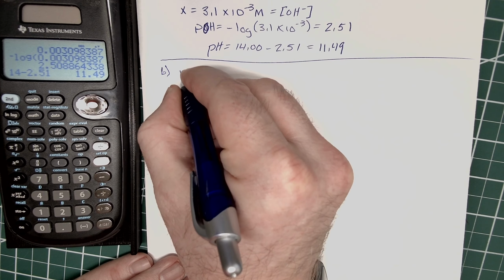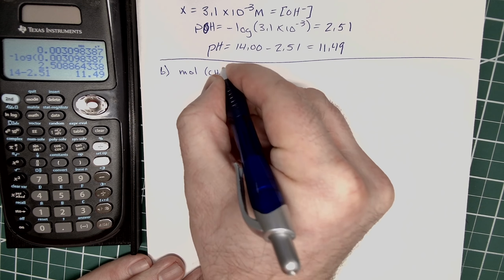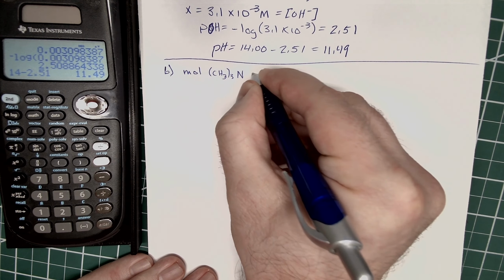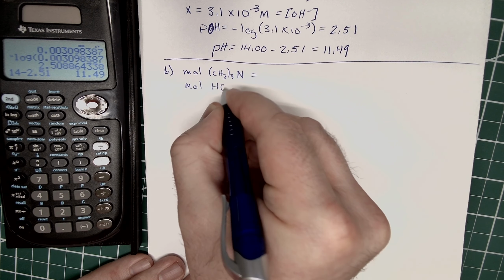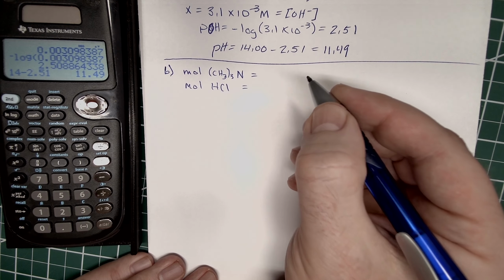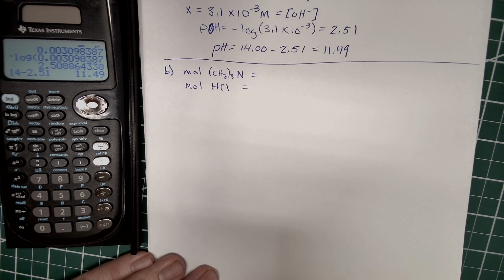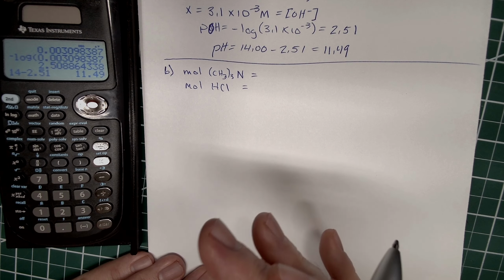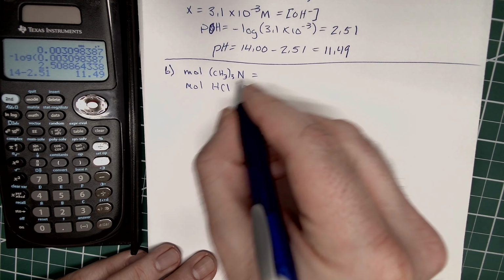We want to get the number of moles of our base, CH3NH2, and we want to get the number of moles of HCl. And we want to compare those numbers and see which one's bigger. Whichever one's smaller, it's going to tell us that that's the limiting reactant at that point, and that's the one we will run out of. So let's look at this.